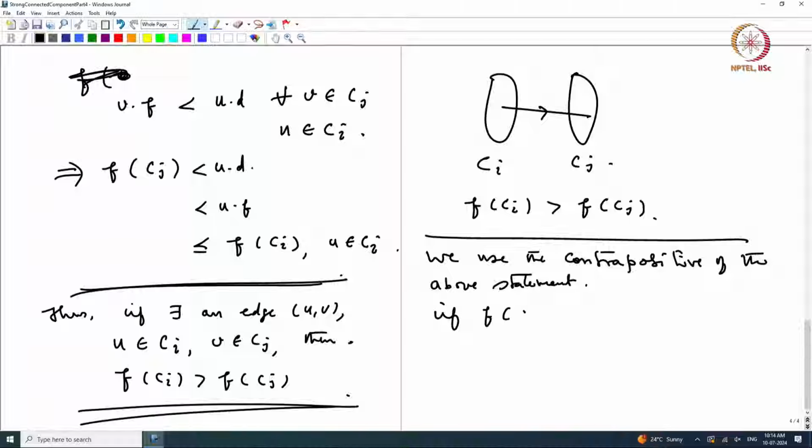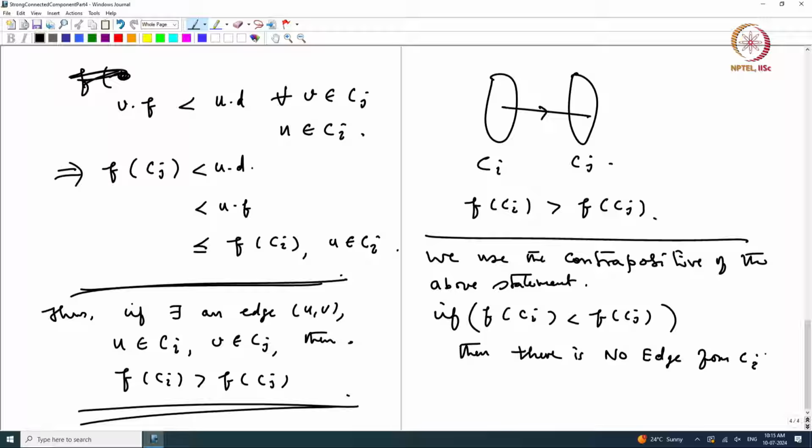F of Ci less than f of Cj. That is because f of Ci will never be equal to f of Cj, they are different. So, the negation of this is this. If this is the case, then there is no edge from Ci to Cj. This is what we are going to use.